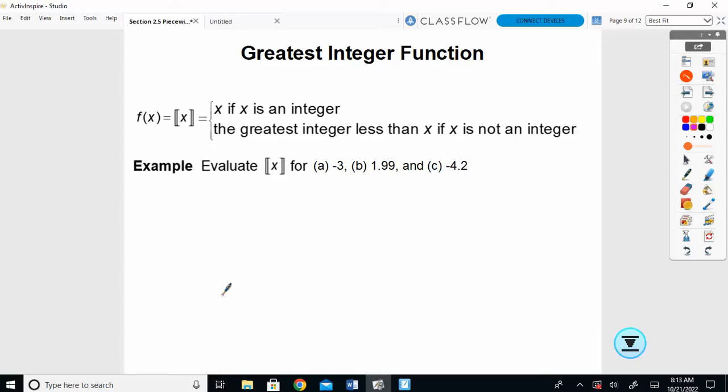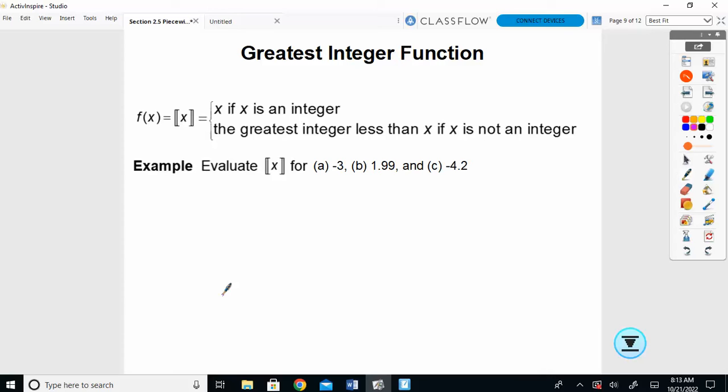And all it says is if you put in an integer, that's what you get out. So -2, -1, 0, 1, 2, 3. If you plug in any of those numbers, you get those out. If you put in anything that is not an integer, you get the greatest integer that is less than x.